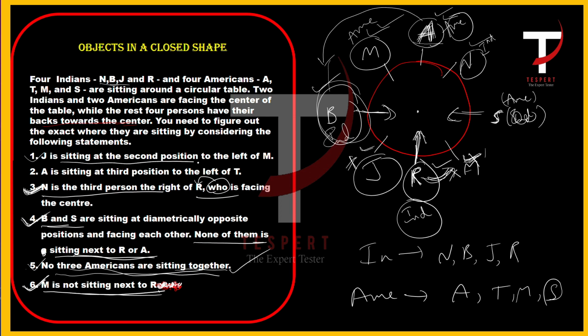Because J is sitting second position to the left of M. J won't be left to M unless M is away from the center. If M is away from the center, then first left of M is B and second left of M is J. So M must be away from the center, right?